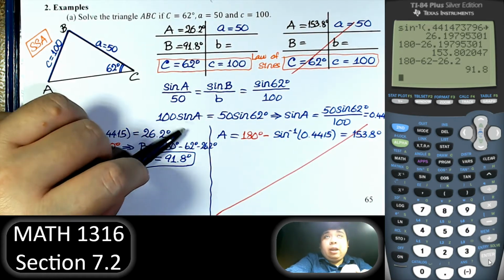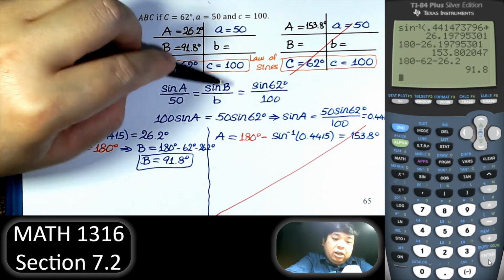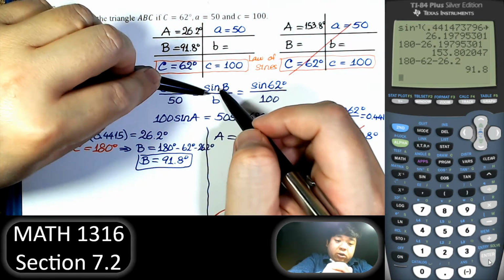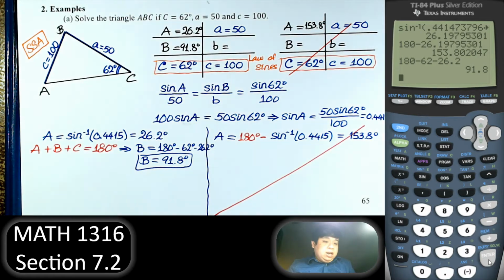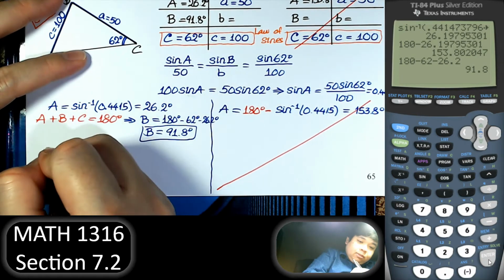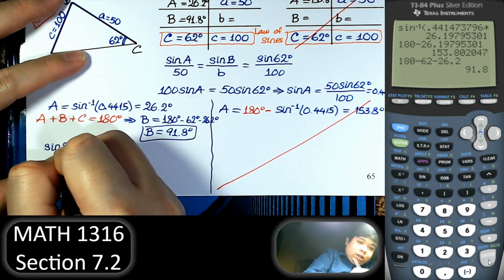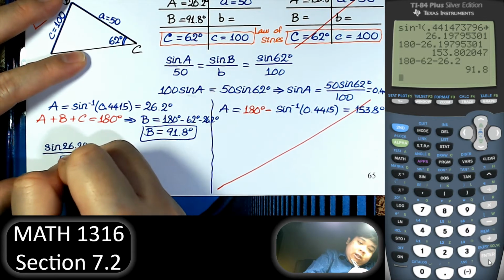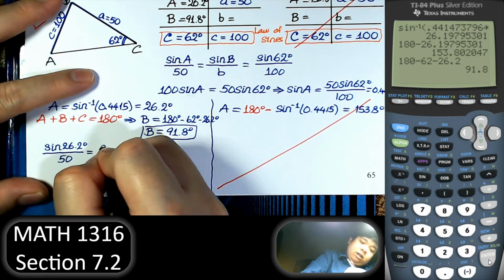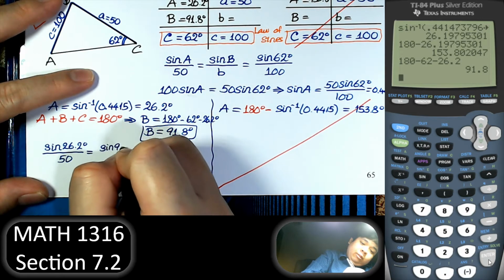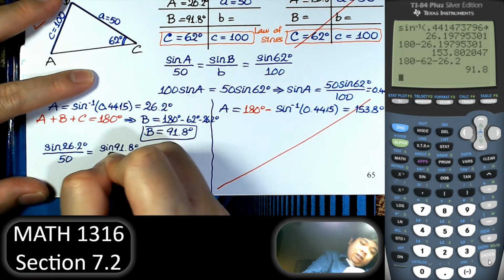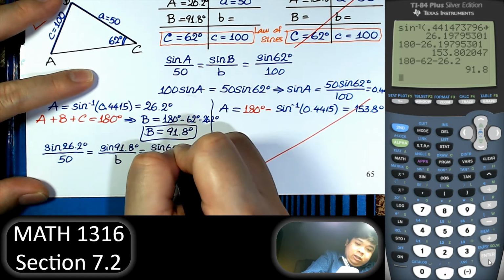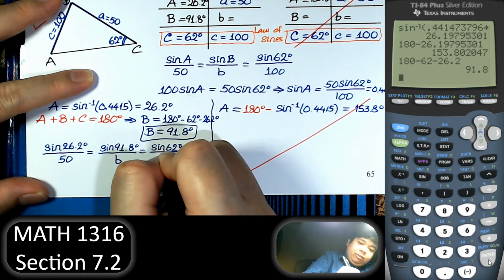Right. Now, in order to find side B, we need to go back to the law of sines. And now we know the angle, so we can find B. Now put everything in the law of sines: sine of 26.2 over 50 equals sine of 91.8 over B, equals sine of 62 degrees over 100.